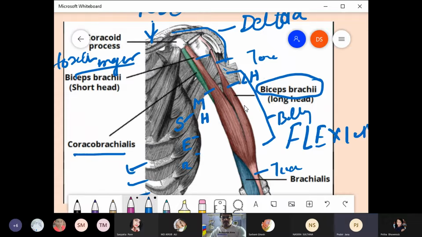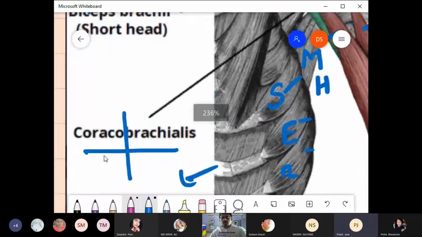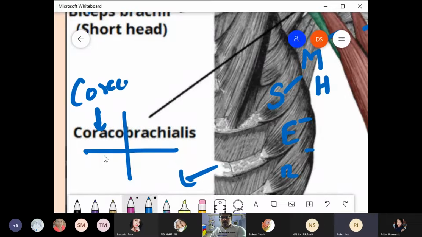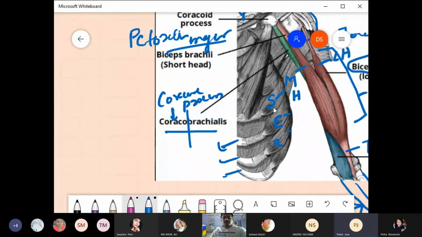Just observe that this is known as Coracobrachialis because if you split these two terms, Coraco and Brachialis, the word Coraco comes from the coracoid process. Right. So the coracoid process is present as a part of the scapula.